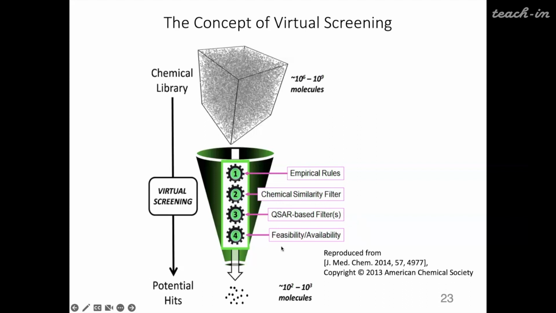And we should also assess synthesizability of molecules from a virtual library, if this one is some kind of a virtual library. So by doing all this, we arrive at a number of potential hits that can be used in experimental assays, for example.